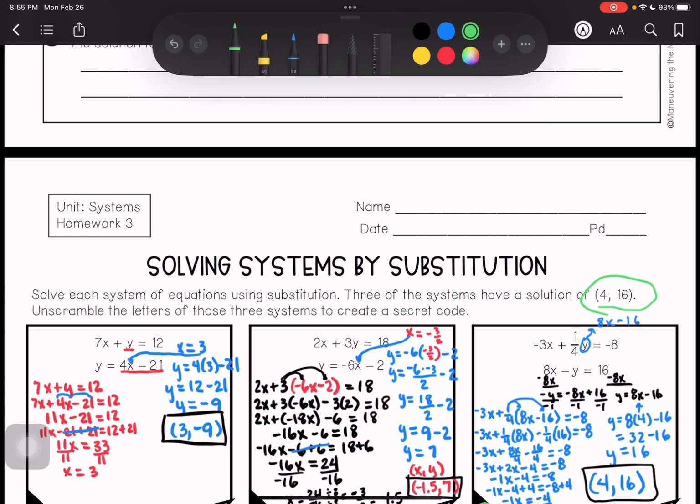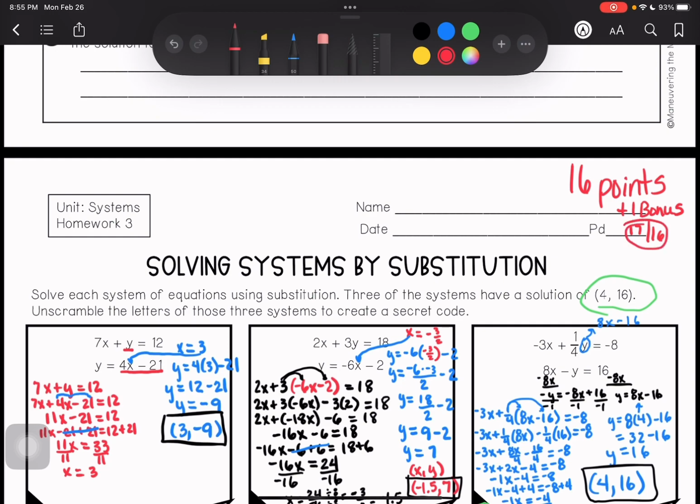So this is worth 16 homework points, plus 1 bonus point for the correct secret code. Okay? So a total of 17 out of 16 will give you a bonus point.